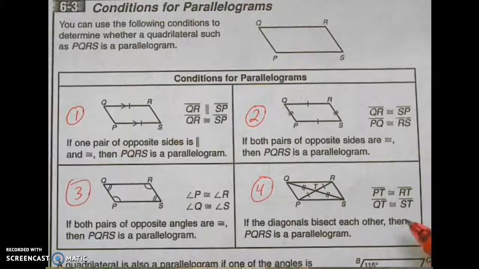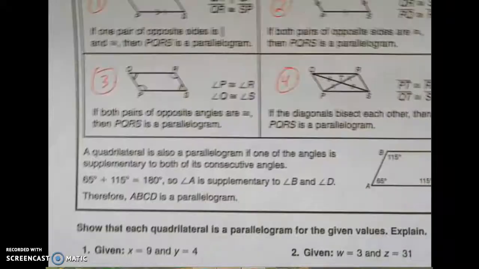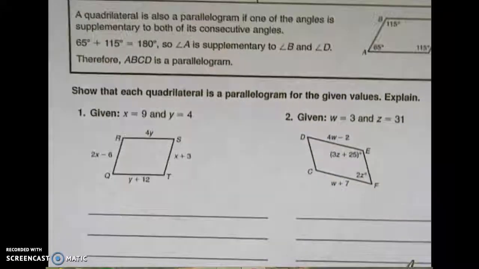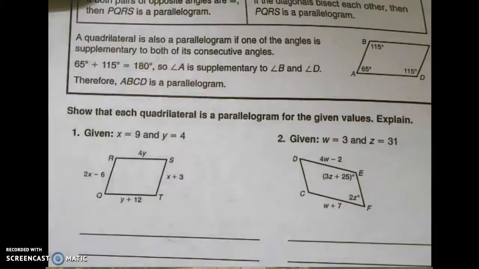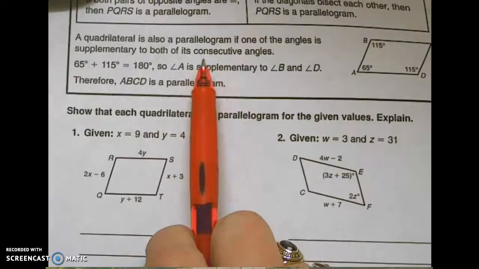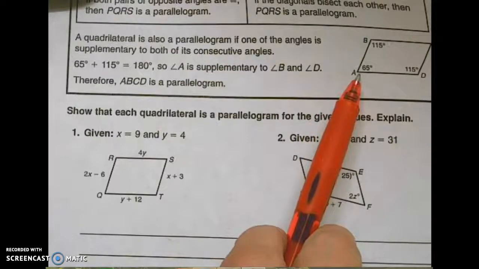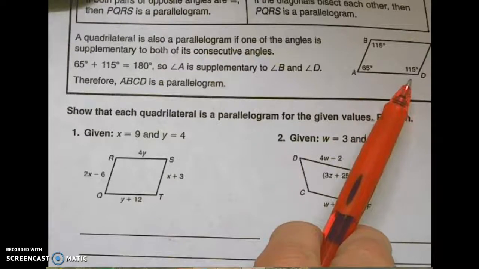We've numbered these conditions so that we don't have so much writing to do in the second part of the assignment. The last condition that they gave us, they said a quadrilateral is also a parallelogram if one of the angles is supplementary to both of its consecutive angles.